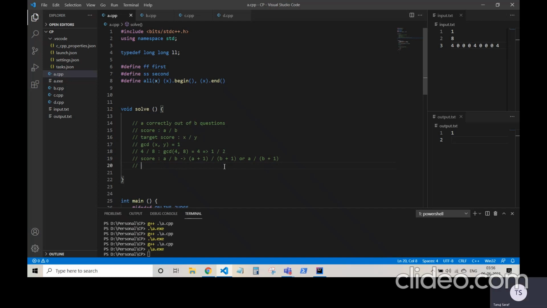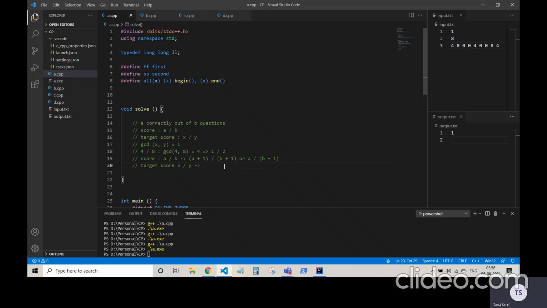The better way to approach this question would be if I start thinking in the opposite direction. Let's say that I have the target score x by y, right? And this is in the irreducible form.